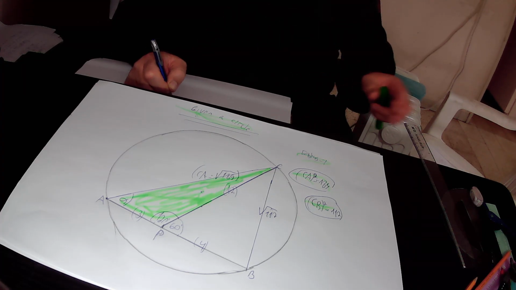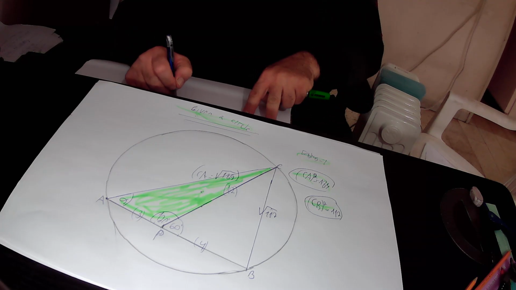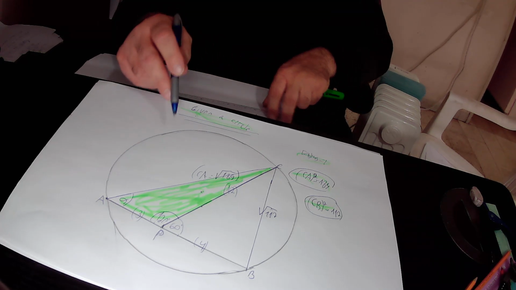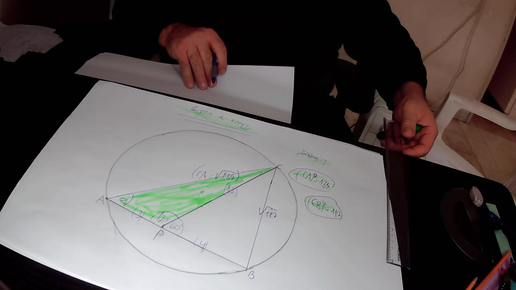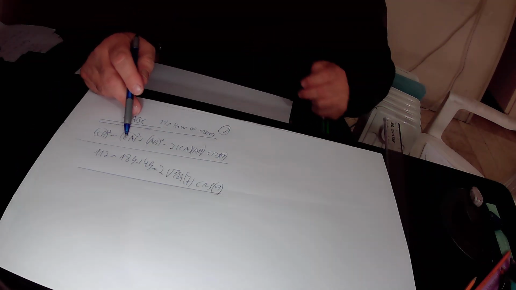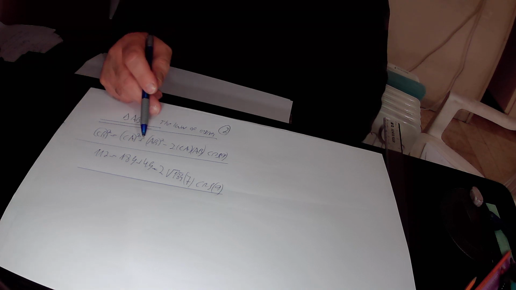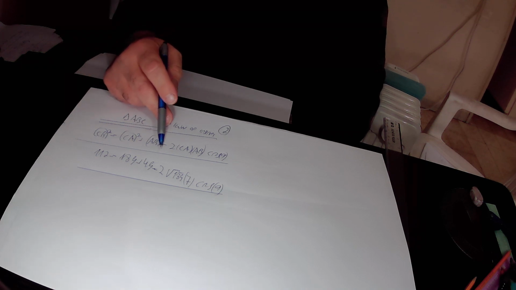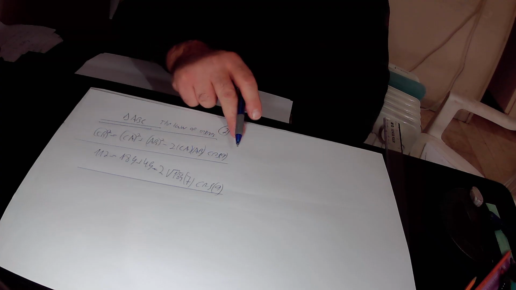So in total, we found that according to the law of cosines, in triangle ABC, the following equation is true. 112 equals 189 plus 49 minus 2 times square root of 189 times 7 times cosine alpha.